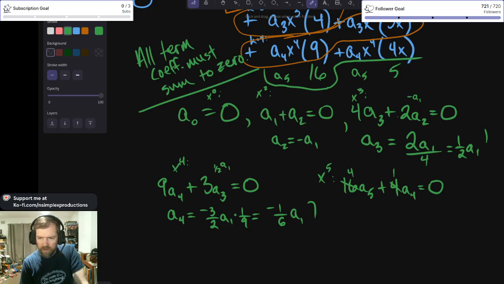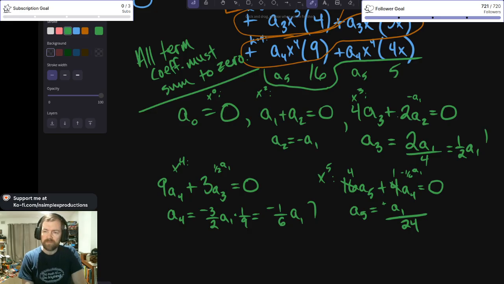Make this a negative 1/6 a1. Yeah, it's fine. A sub 5 is then going to be a positive a sub 1 divided by 6 times 4. Looks like it.